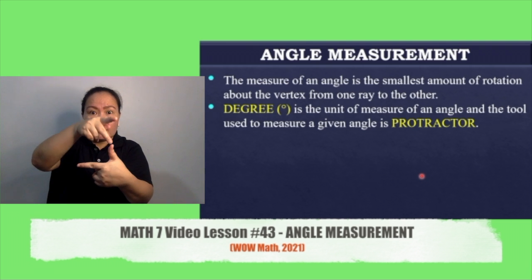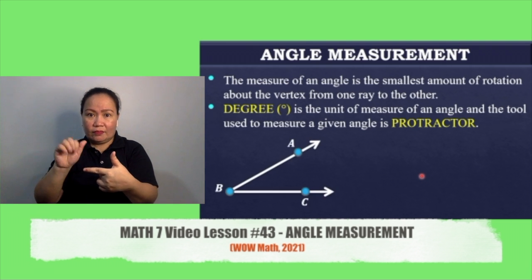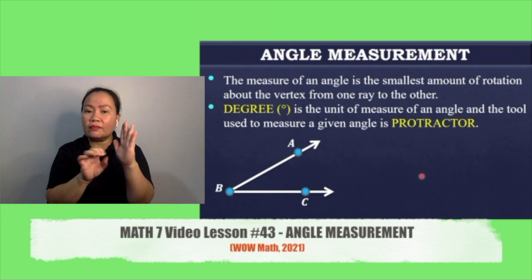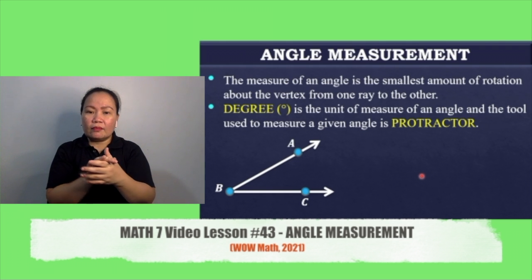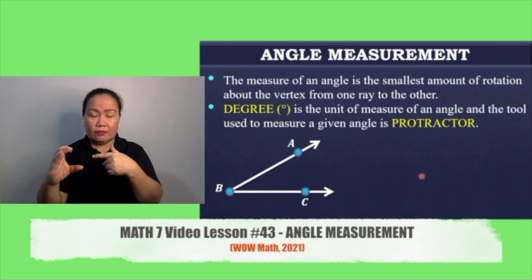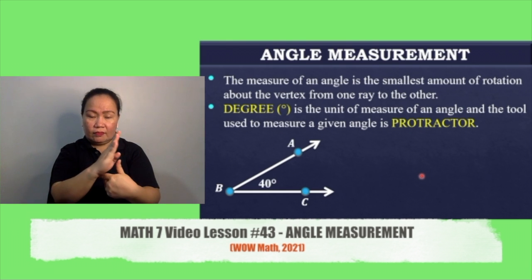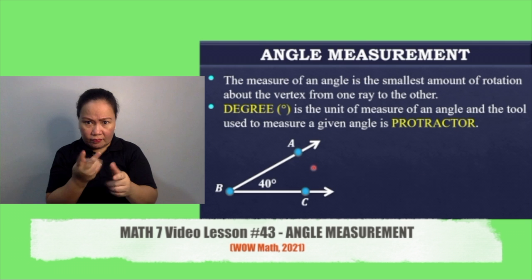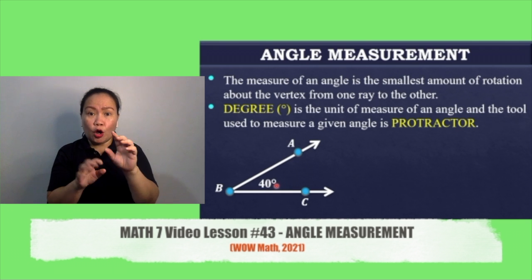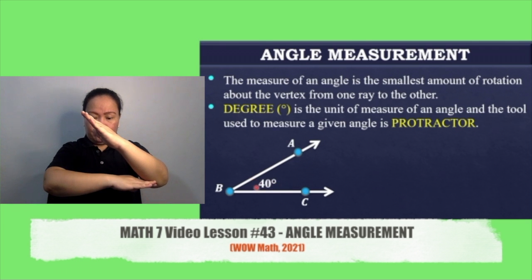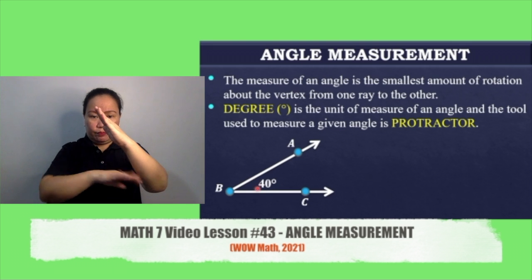I know you are familiar with that. Let's say for example, I have here angle ABC. Let's say this angle measures 40 degrees. Ito pong angle na to, ang measure niya is 40 degrees.